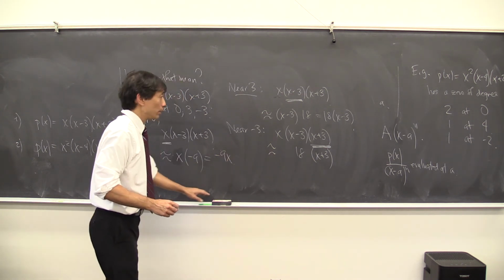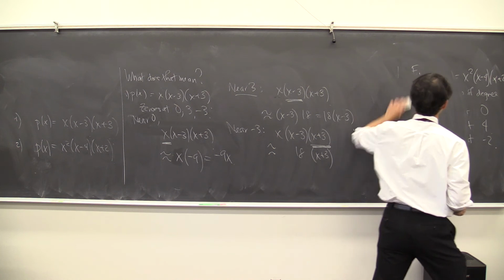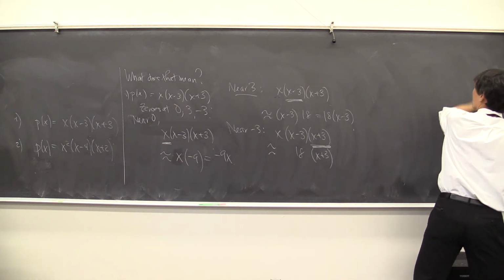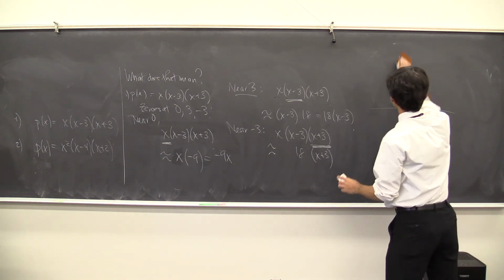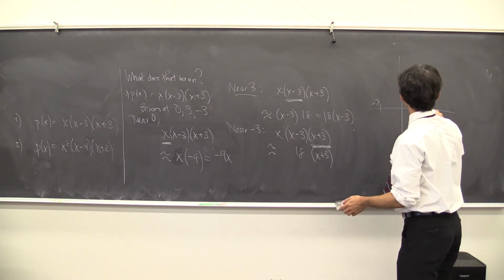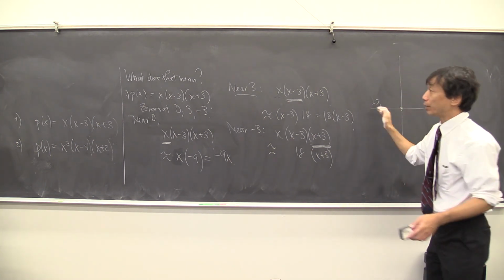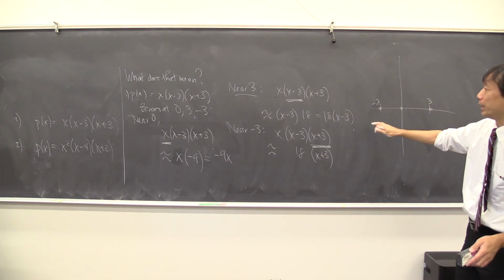So what does that tell us about our function? It gives us a better picture. Here was negative 3, 3, 0, right? We know that it crosses there, but now we know something a little bit better.